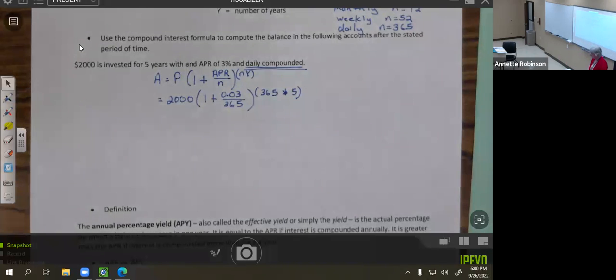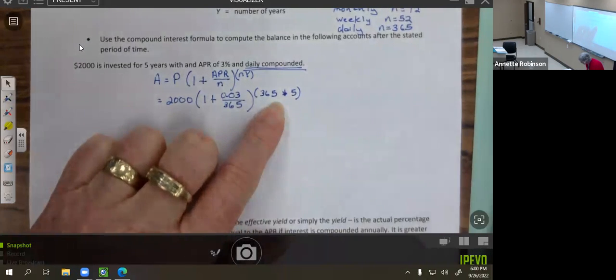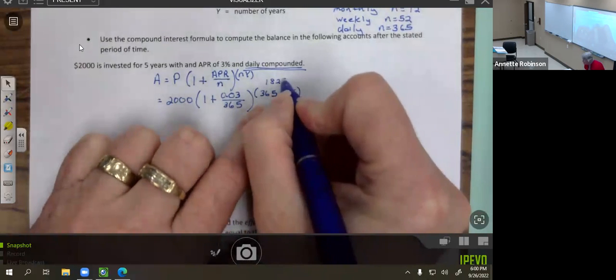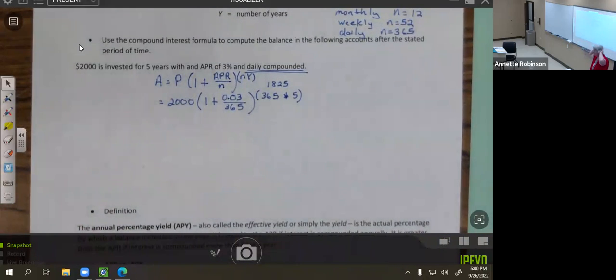Before we start to do this on our calculator, go ahead and take 365 and multiply it by 5, just to make it a little easier, so you're going to put in 1825 instead. Now you can leave it with a times sign, but it's just easier to put it in as one number. Okay, do it in baby steps.